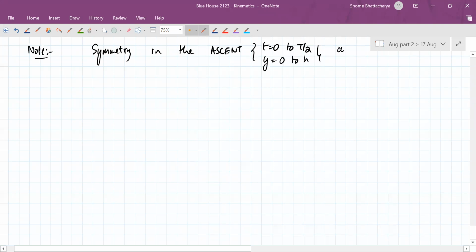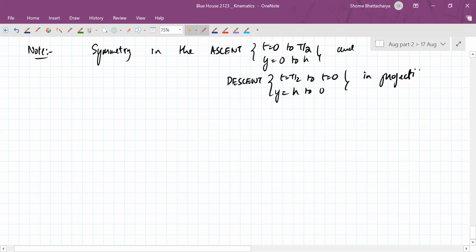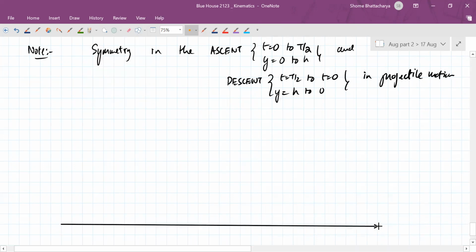And the descent, so it comes down from T by 2 to T, the y coordinate goes from h to 0 in projectile motion. So let's understand that symmetry visually first, and then we will see how it applied in this particular example.